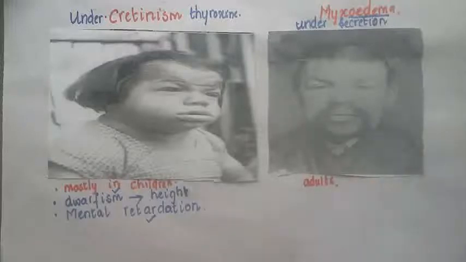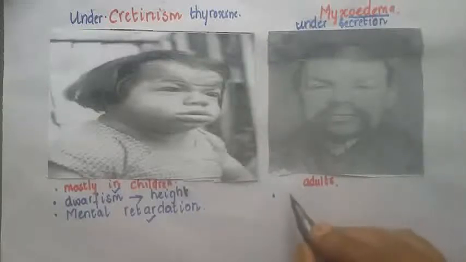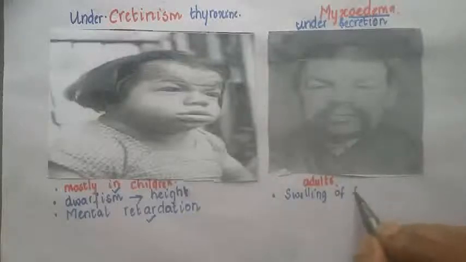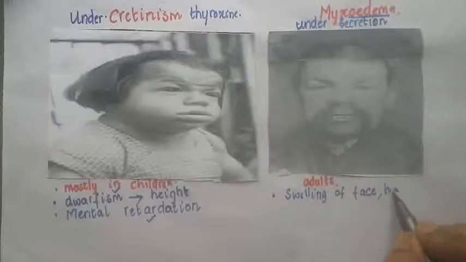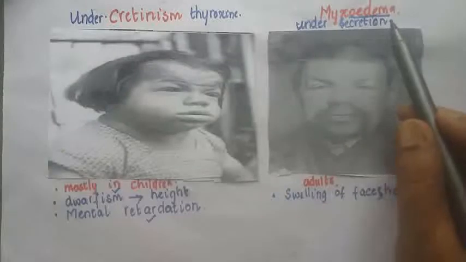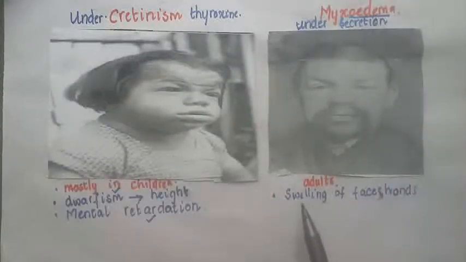So if you observe this picture, what are the certain symptoms of myxedema? There is a swelling of the face and hands. So what is one of the symptoms of myxedema? Due to the under secretion of thyroxine in the adults, it results in a condition known as myxedema. In that condition, you can find there is a swelling of the face followed by hands due to the accumulation of water in the face followed by hands.